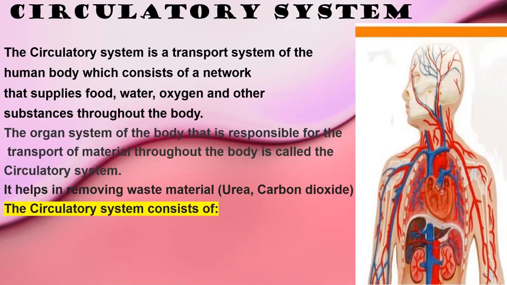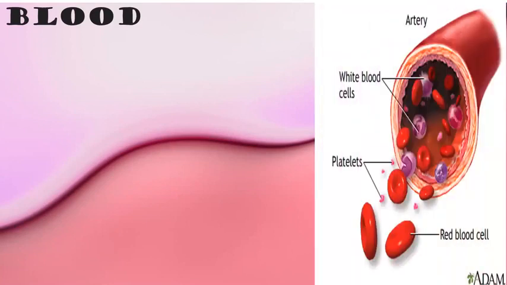When we talk about human beings, the circulatory system consists of blood, blood vessels, and heart. Let's study about blood. Students, blood is one of the most important components of life.